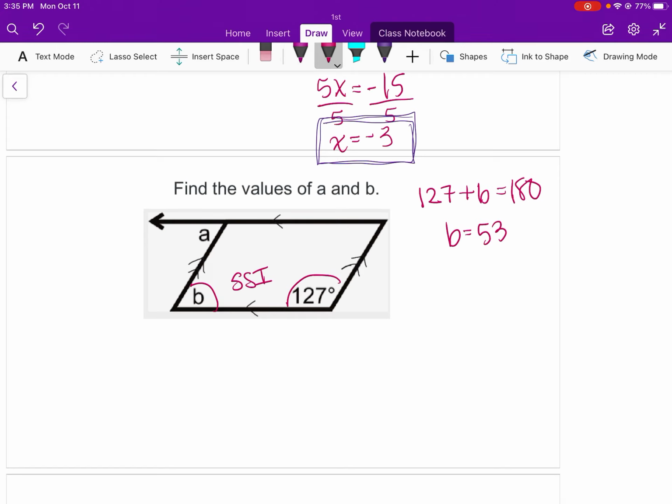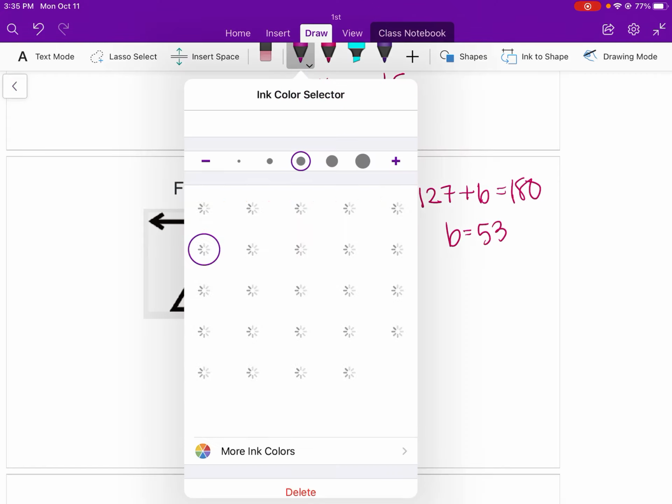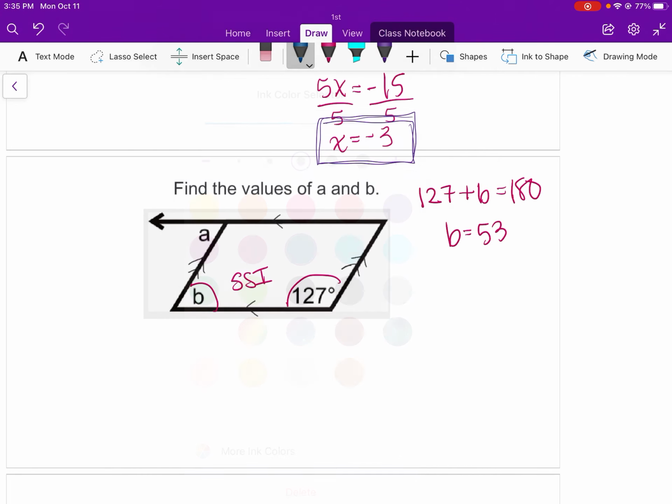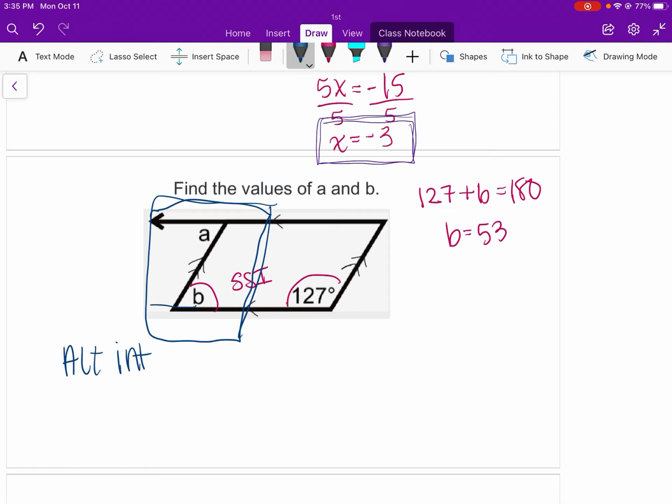Okay, now we're only looking, I'll change colors to help you visualize it. Okay, we're only looking at these two here. So B and A are now alternate interior, because technically this line goes out.